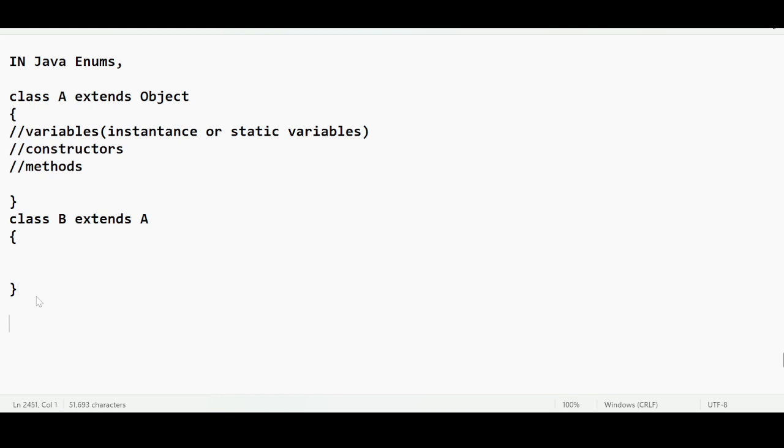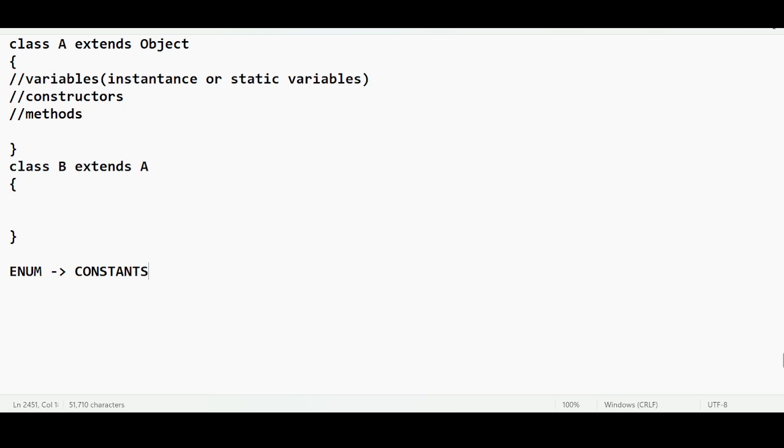And what do we have with Java enums? That's the question. So far we have discussed that with Java enums we can declare only constants. Yes or no? I was telling you that only constants can be defined in Java enums. But apart from the constants, you can also do so many things just like classes.